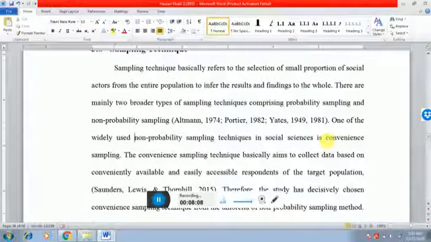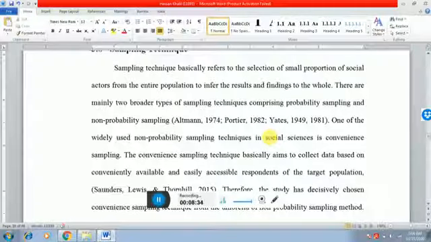Convenience sampling is a type of non-probability sampling, and it is used if you are going to gather data from each and every individual. Let's suppose you're going to gather the data from mobile phone users, so you can say that everyone owns a mobile phone. So your sampling technique is non-probability convenience sampling, because you can get the response from everyone.